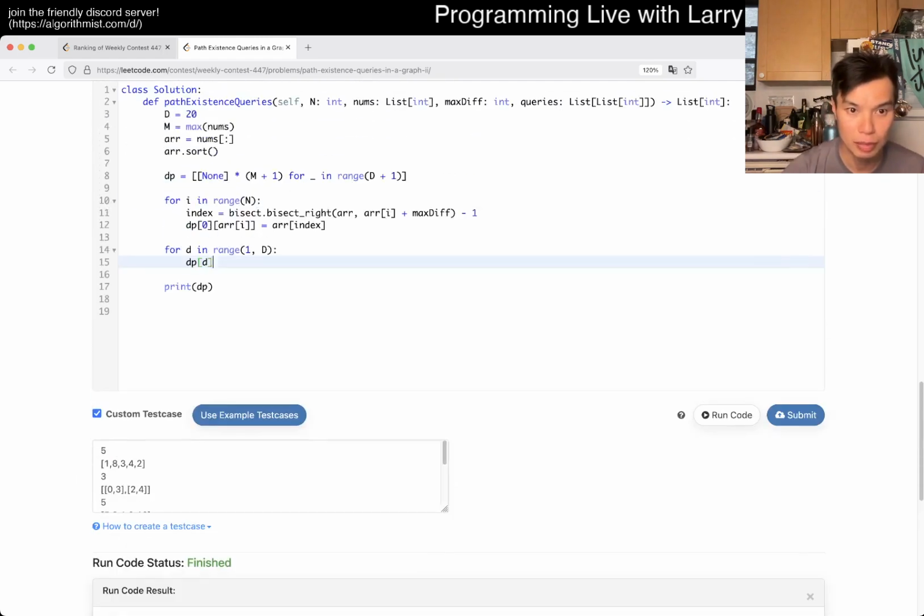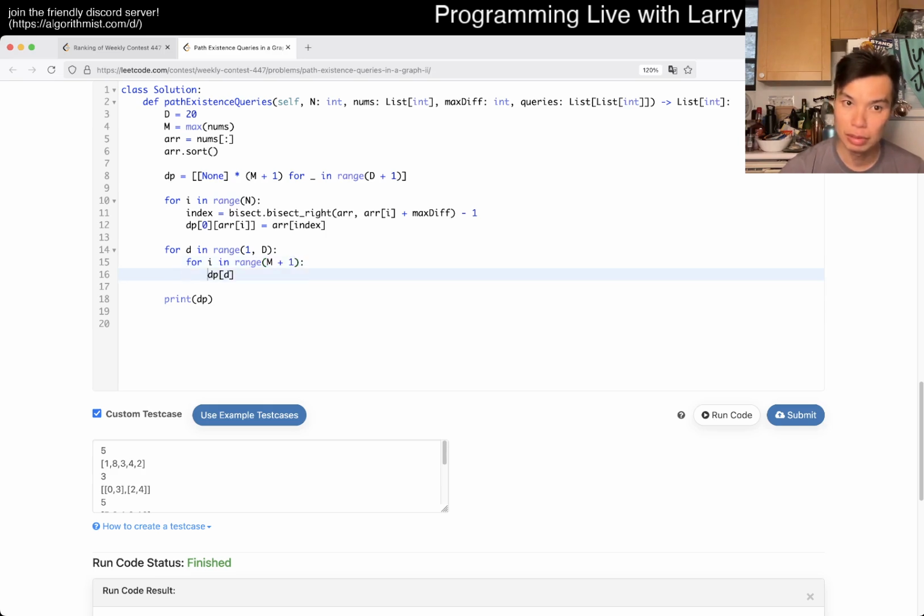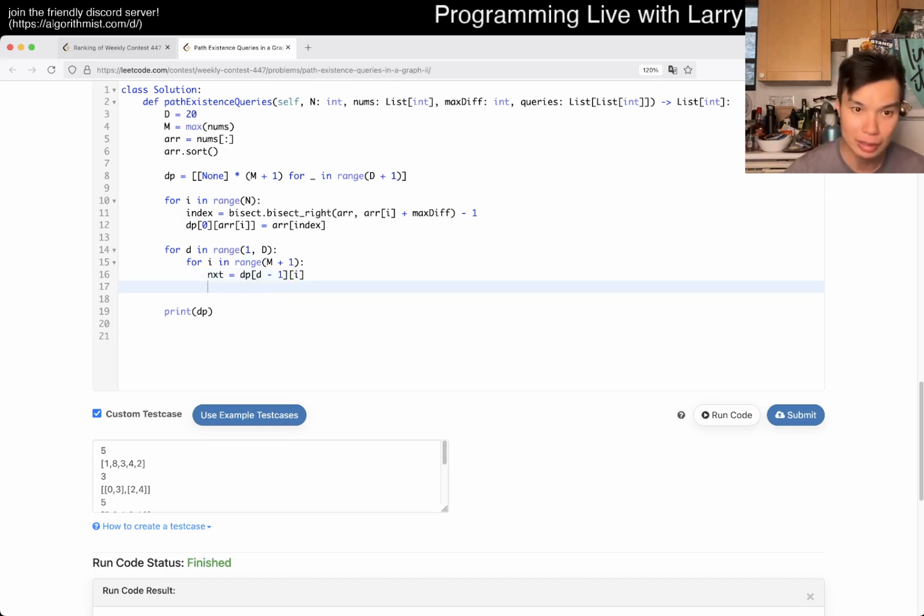So then now for i in range of m plus 1, so then you have dp of d minus 1, i. So this gives us the previous max. So then now you want to do it that way, right? So okay, so let's just say next is equal to this, and then dp of d sub i is equal to dp of d minus 1, next, something like that.